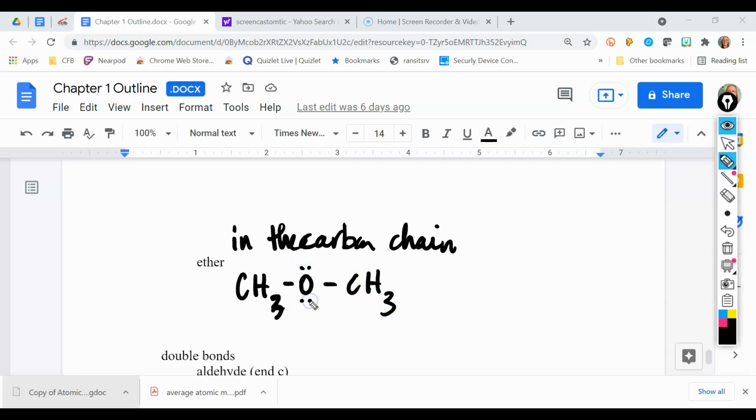It does not have to be in the dead center. It just has to be between 2 carbons or 2 different carbon chains. So if we refer to R as the first carbon chain bonded to the O, and R prime as the second carbon chain bonded to it, that's going to be your ether. And that's the distinctive way you can tell what you have is an ether.